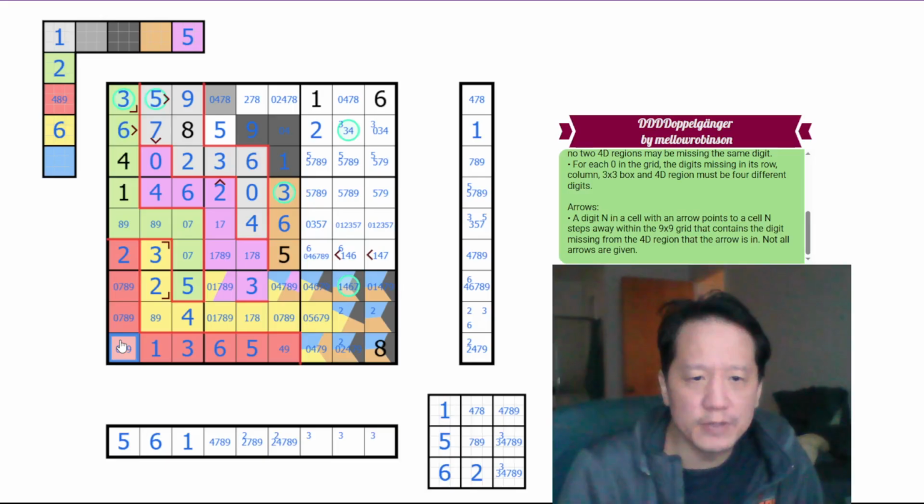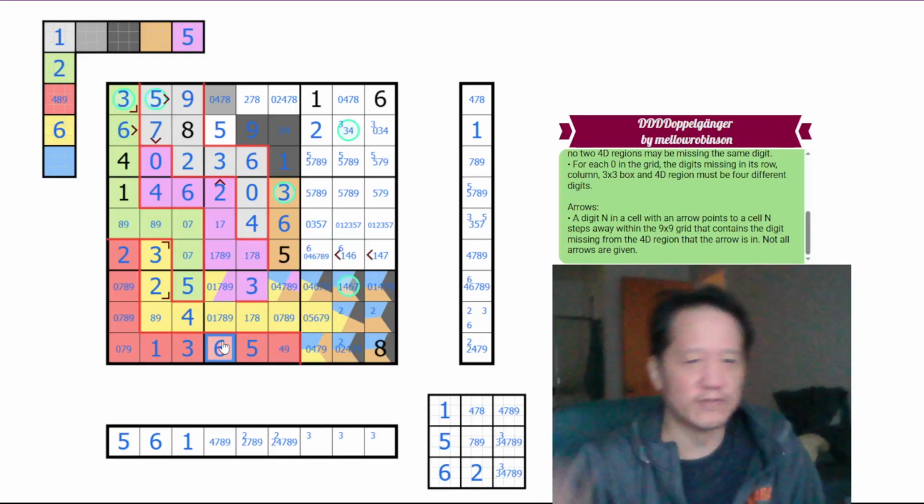Zero cannot be here in the red region. The 0 in the red region is missing a 6 in its box. Oh wait, no, hold up. Never mind. I was thinking of the wrong one.